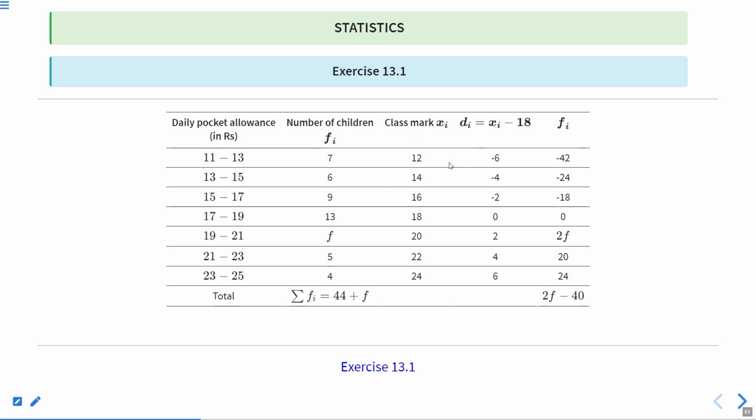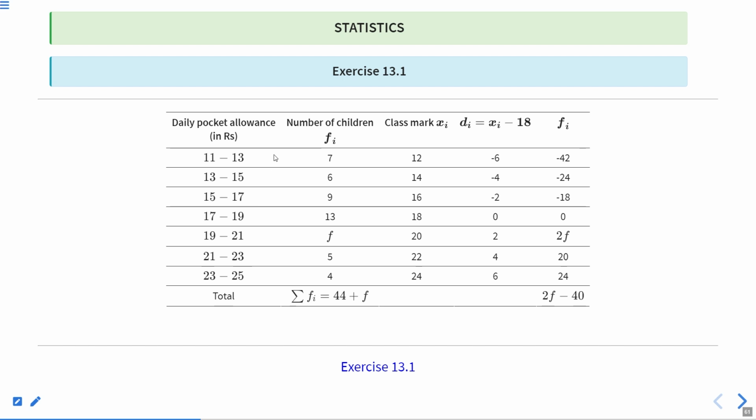Class marks xi are 12, 14, 16, 18, 20, 22, 24, and di is equal to xi minus 18: minus 6, minus 4, minus 2, 0, 2, 4, 6. And fi di is minus 42, minus 24, minus 18, 0, 2f, 20, 24.